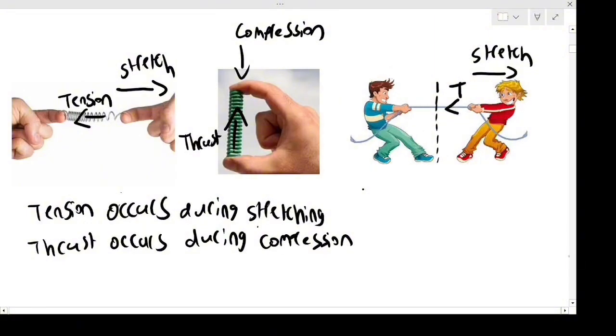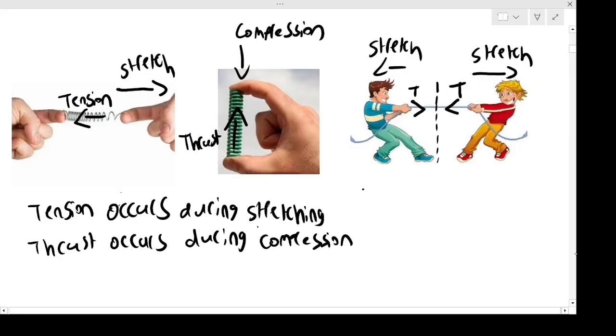On the left, the guy is stretching to the left, which means on that part of the string the tension acts to the right to oppose the stretching. Hopefully that gives the general gist of how the forces work in a string or spring: it just acts the opposite way to the stretching or compression.